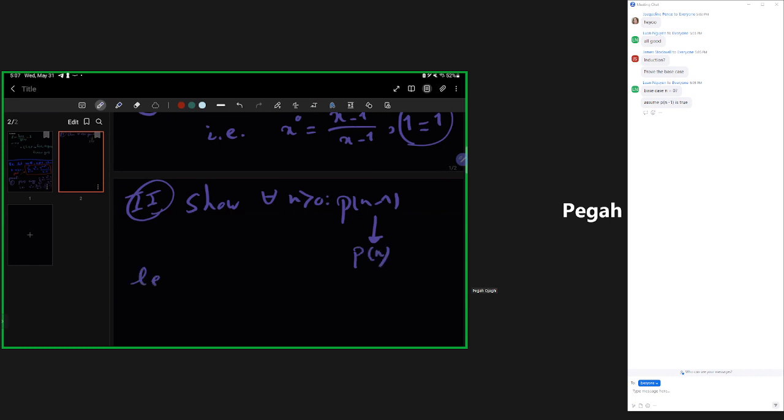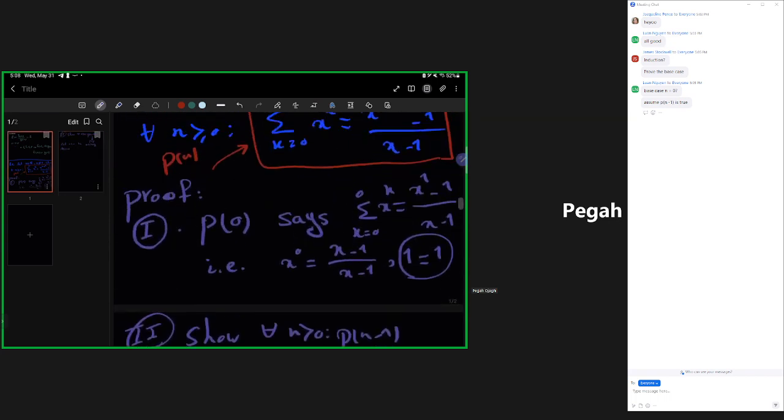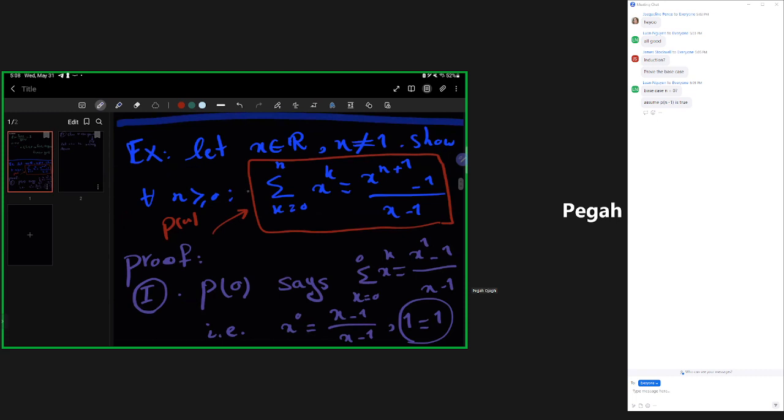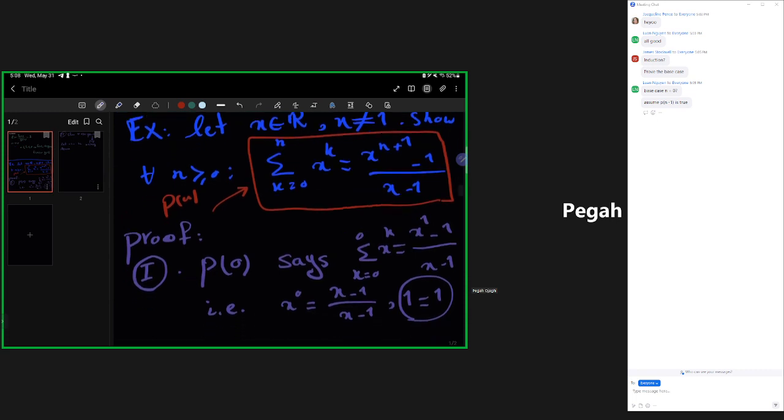So what do we say? Let n greater than 0 be arbitrary, but we assume Pn minus 1 is true. What does that mean? If Pn minus 1 is true, it means n should be replaced by n minus 1.